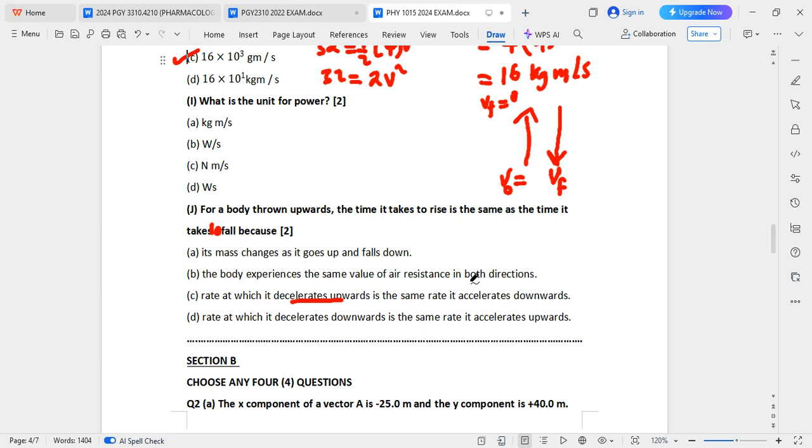So going downwards, it is accelerating, going upwards, it is decelerating. And the rate of deceleration upwards is the same as the rate of acceleration downwards. Does that make sense? Are we okay?